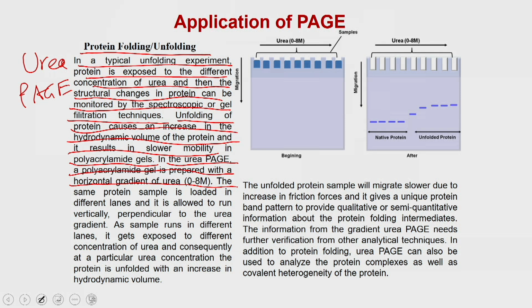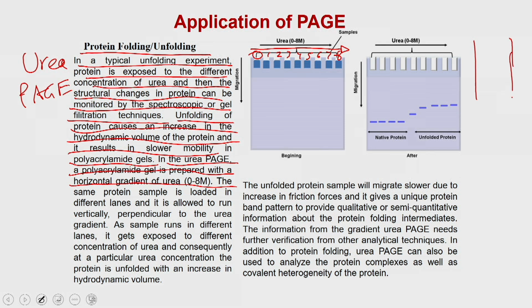which means this lane is going to have 0 urea, and the following lanes 1, 2, 3, 4, 5, 6, 7 and 8 molar urea. Now, the question is how you can cast this particular type of gel. The way we normally cast the gel is like this, right?